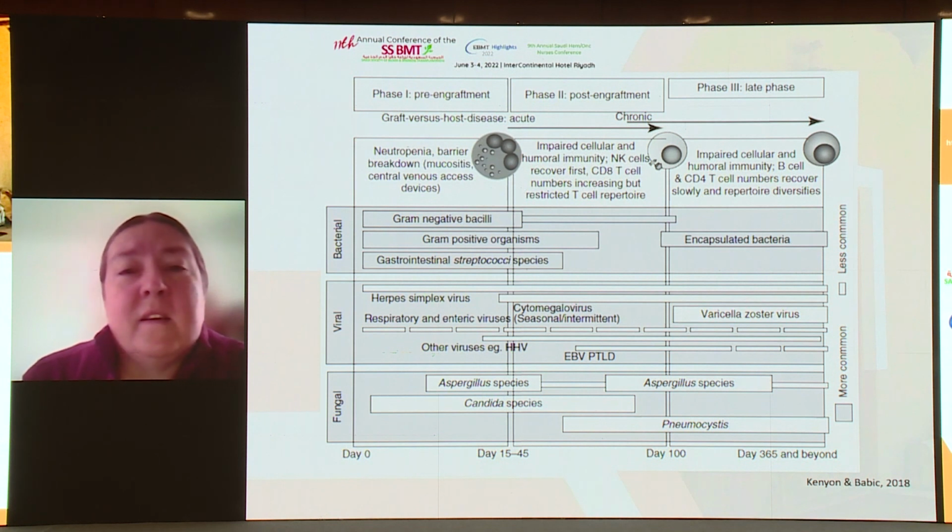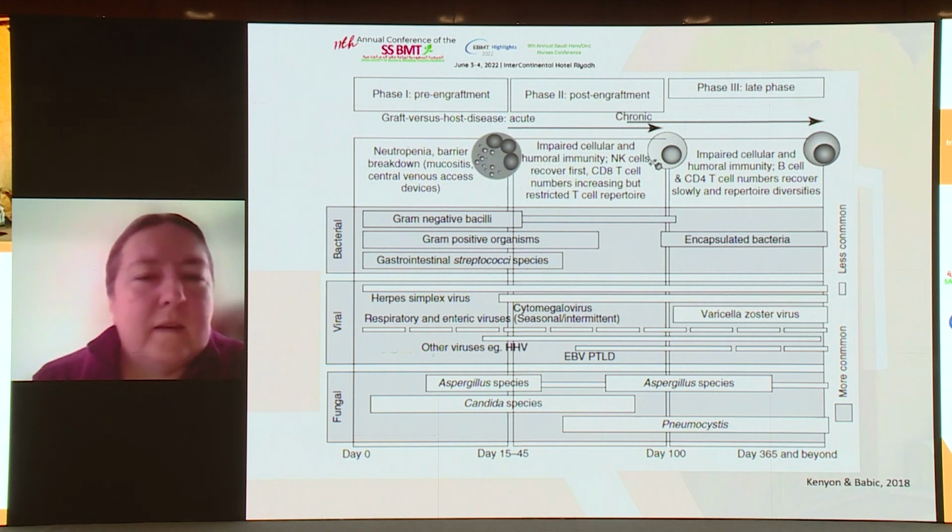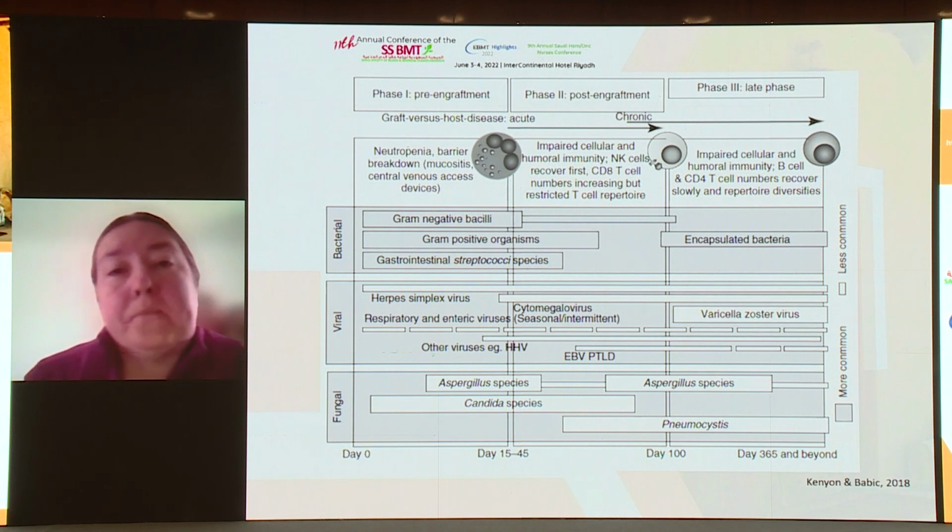The NK cells recover at first, and the CD8 T cell numbers increase, but they are restricted to the T cell repertoire. They're not so various as before transplantation. And some patients have a delay and recover slowly, maybe due to GVHD or other affections that I think they have.